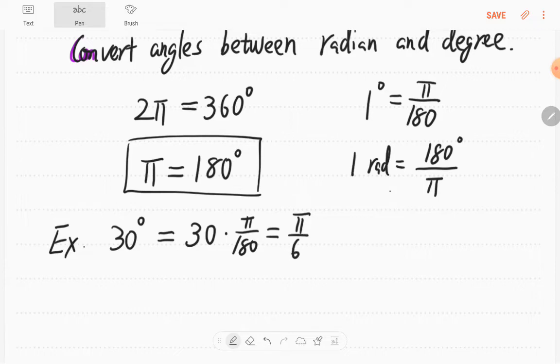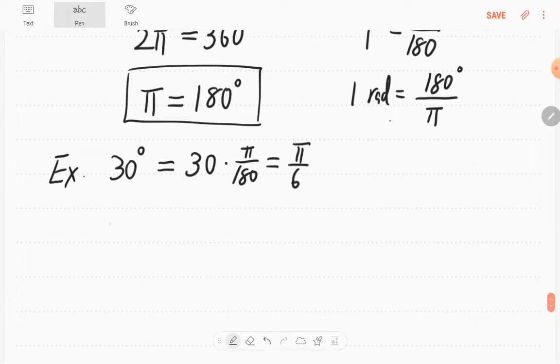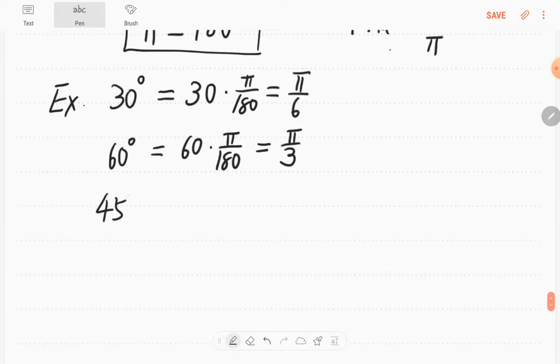And then we have 60 degrees, each 1 degree is equal to pi over 180, so you have pi over 3. 45 degrees is 45 times pi over 180. So this one is equal to pi over 4, right?